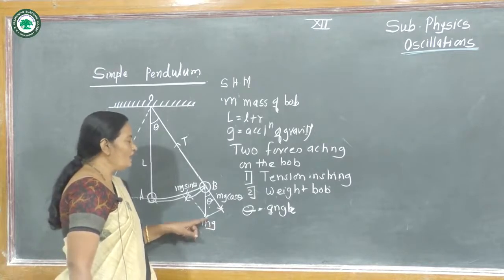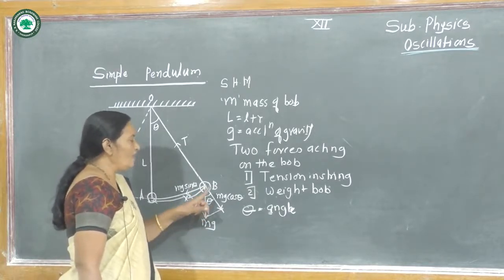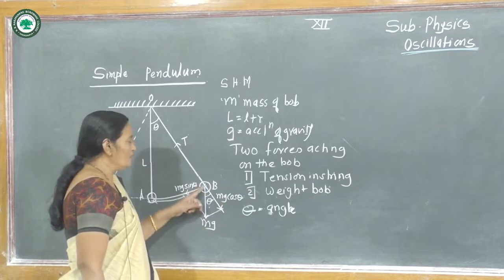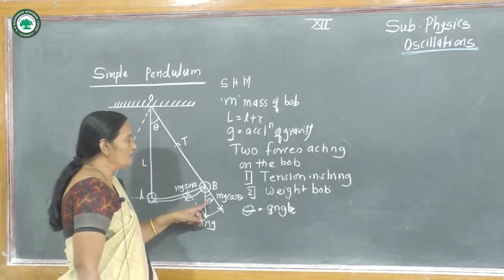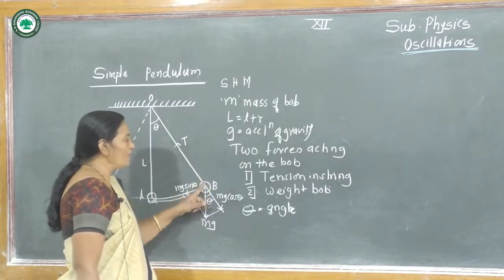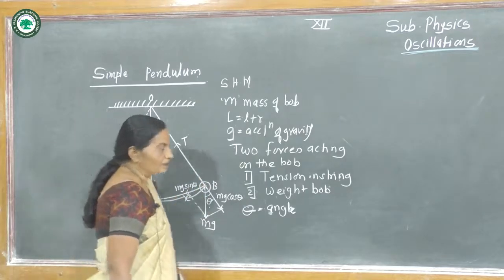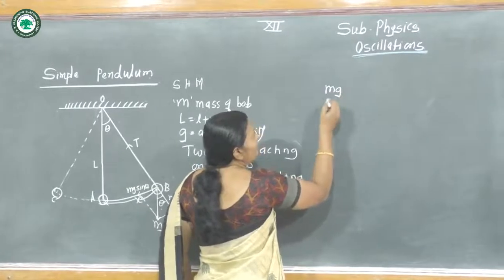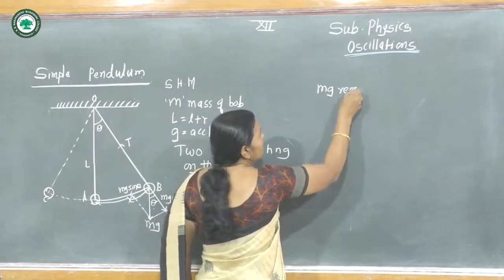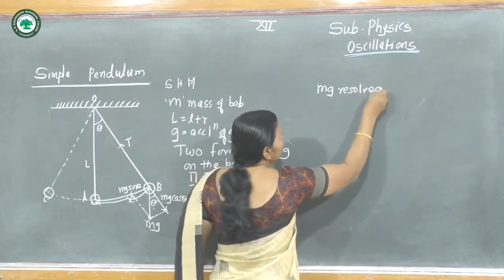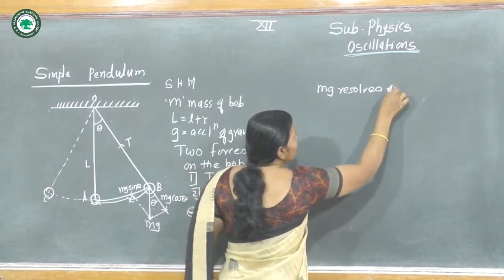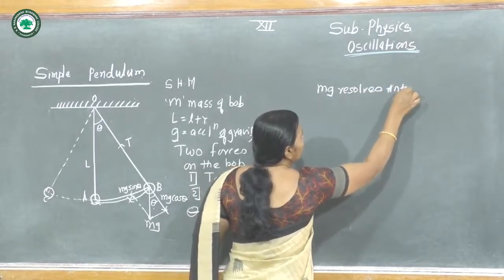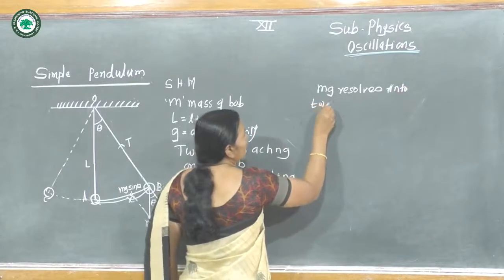Since this is through some angle theta, it has two components. First component, this mg is divided into two components.